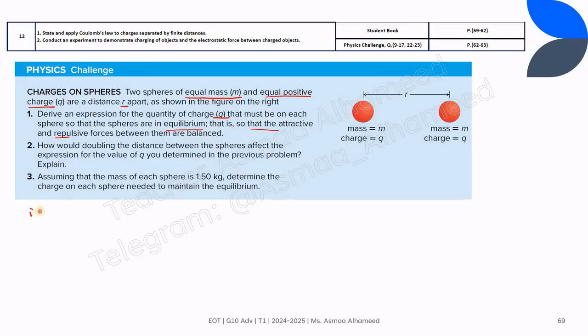So what we are talking about here is the force of attraction, which is G mass 1 mass 2 divided by the distance between 1 and 2 squared, and the electric force, which is K Q1 Q2 over R12 squared.